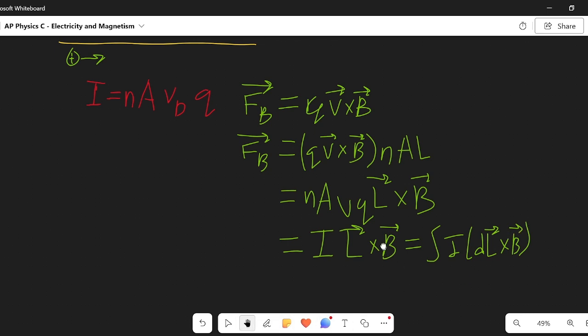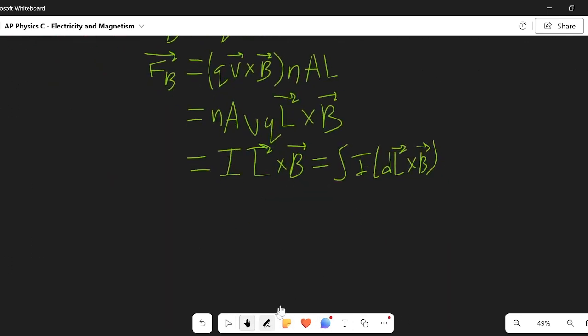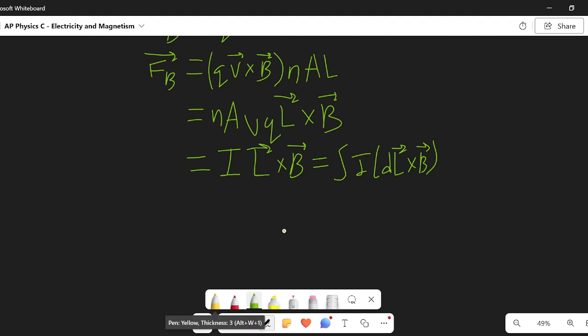Then the magnitude of the force FB is equal to ILB sine theta, and it's sine theta because we're using a cross product.